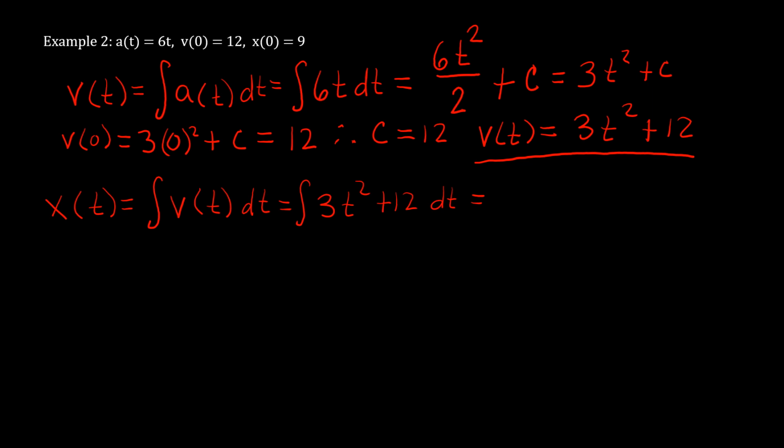Again, using the power rule, we'll have 3t cubed over 3 plus 12t plus c. And then again, to solve for the constant, we'll use the initial condition we're given, x of 0 equals 9. These 3's cancel out, so it's just t cubed, which is 0 cubed, plus 12 times 0 plus c equals 9.